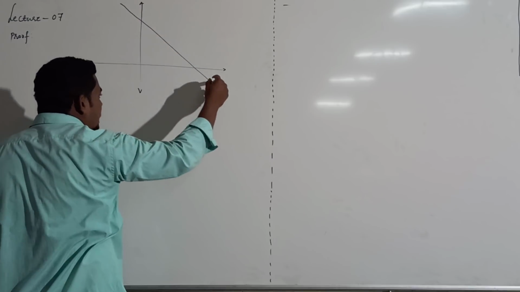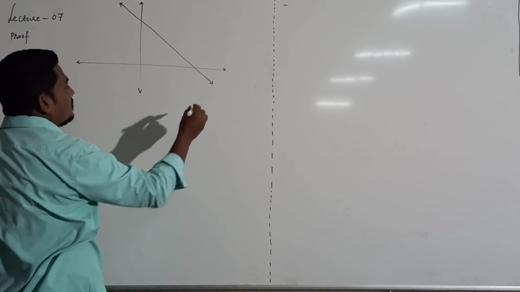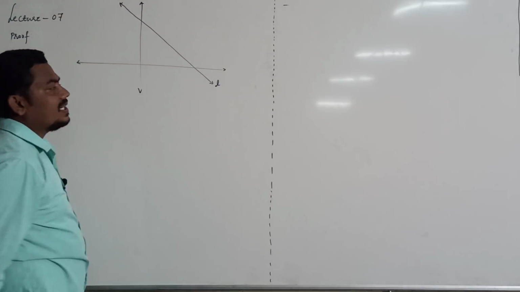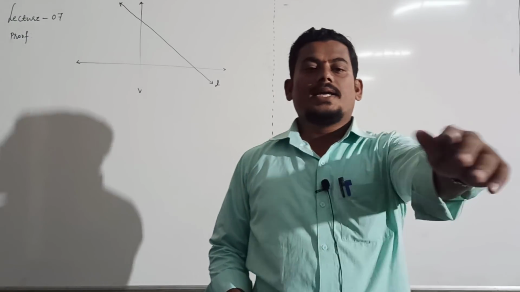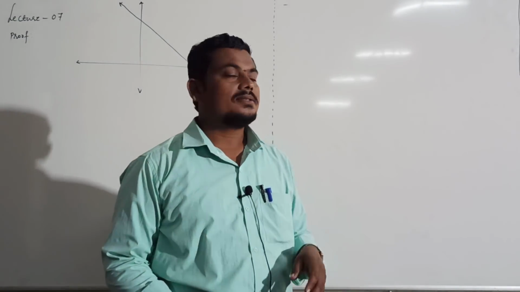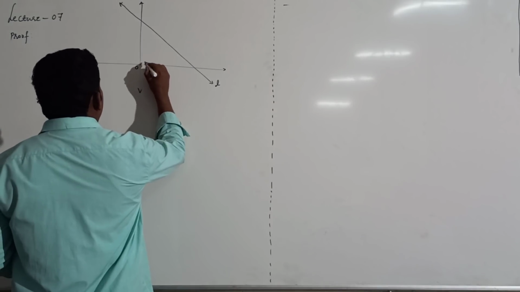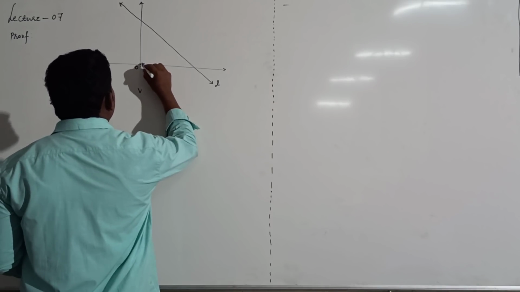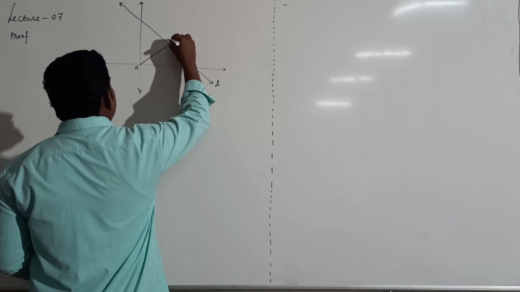Take line L, clearly it is a non-vertical line. L be any non-vertical line, and in this case intercepts are not given. It is origin O, and draw a perpendicular, that is ON.